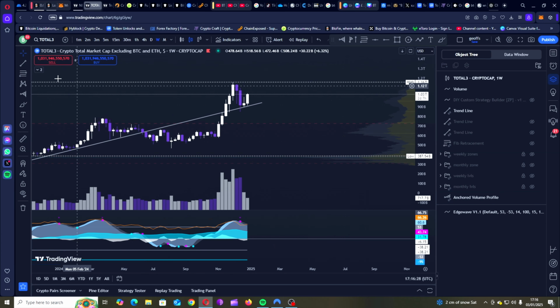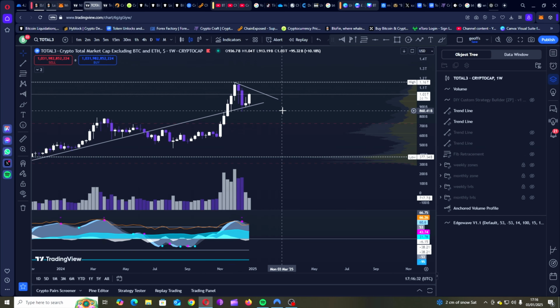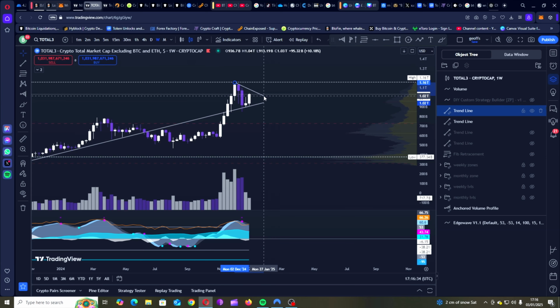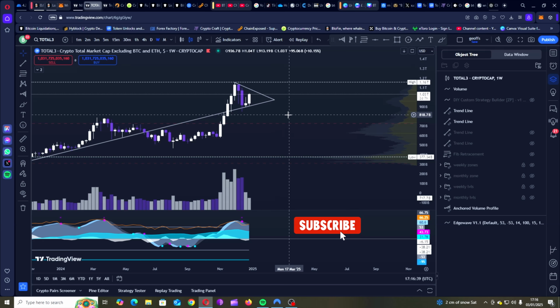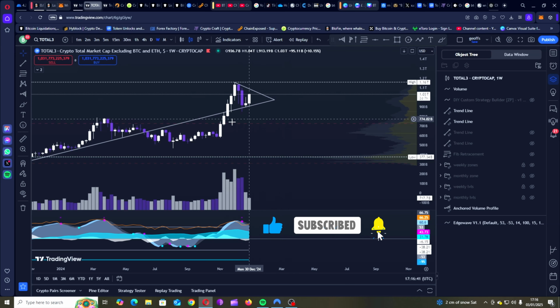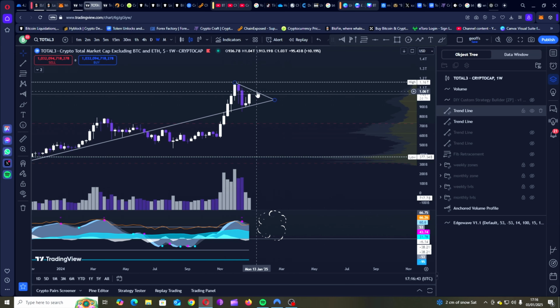At the minute, weekly, that could be your pattern there, what's going on. That's your original trend. We're in this pattern here at the minute. We want to see something very similar with this.